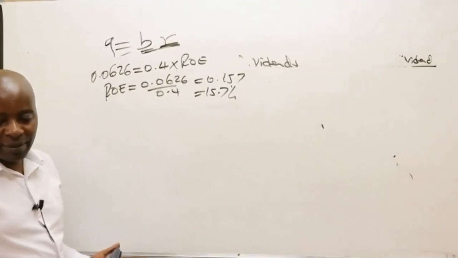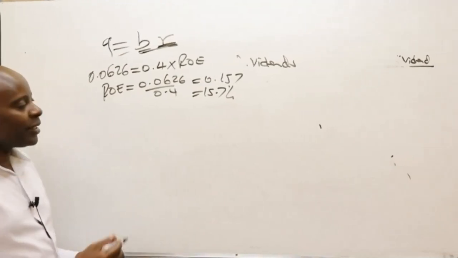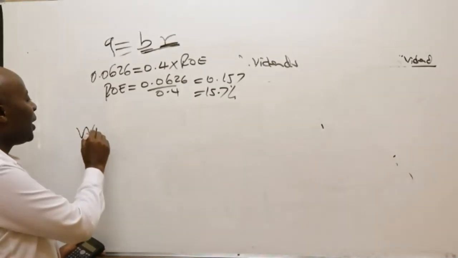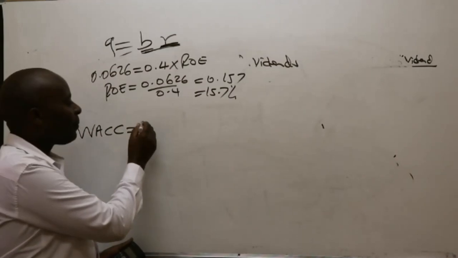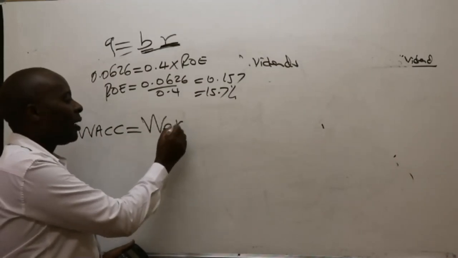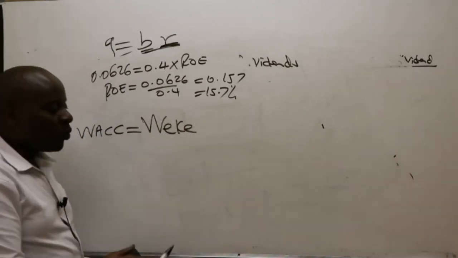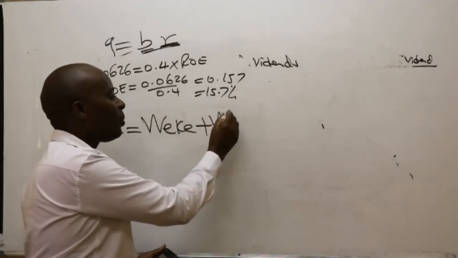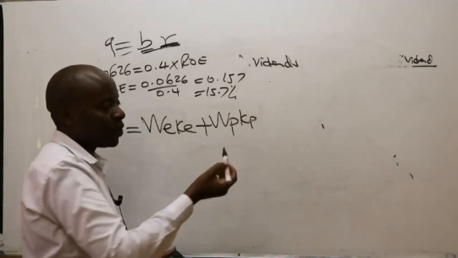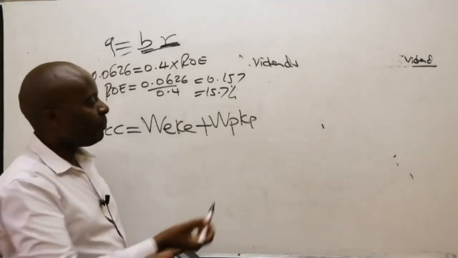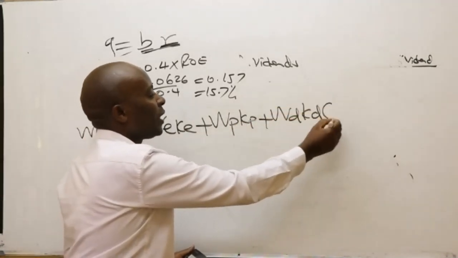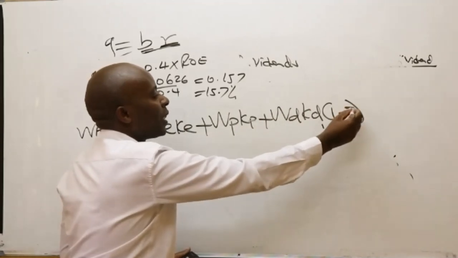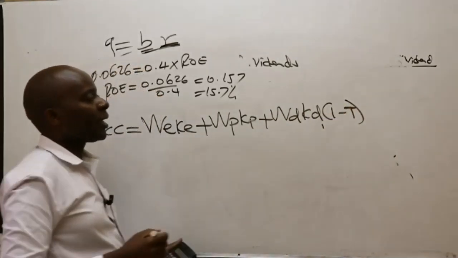For us to get WACC, remember the weighted calculation. So here: weight of equity times cost of equity, plus weight of preference times cost of preference shares, plus weight of debt times cost of debt, after taxation.